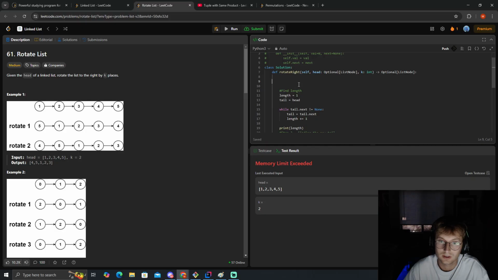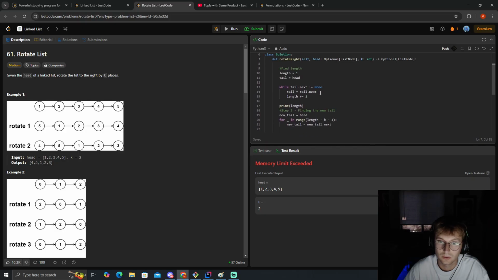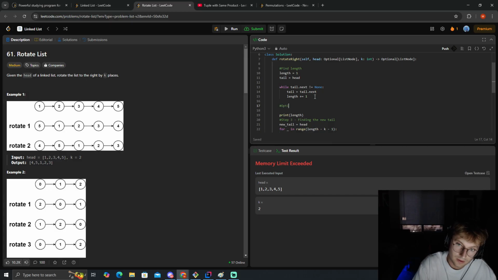Maybe that's what it is, actually. Really, dude? The optimization? Optimization: k is equal to k percent length. If k is equal to 0, return head.